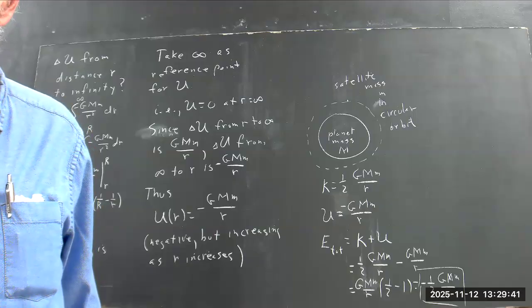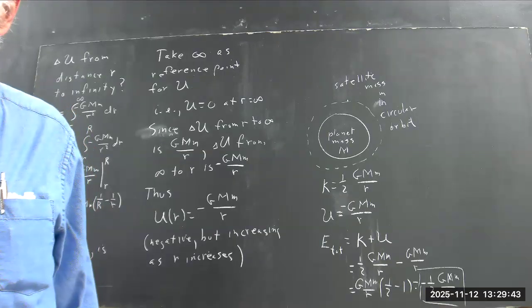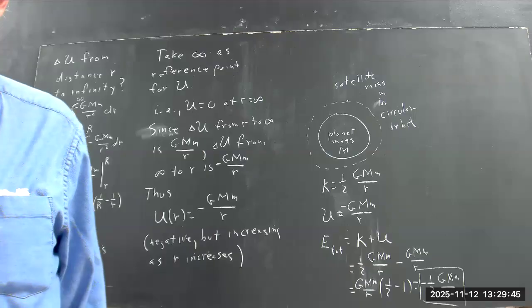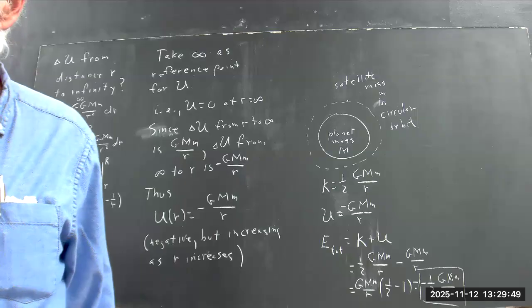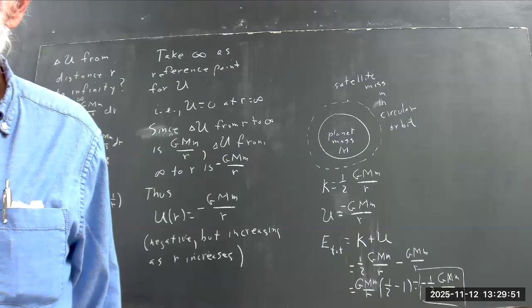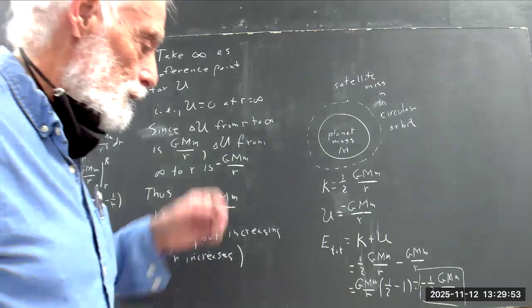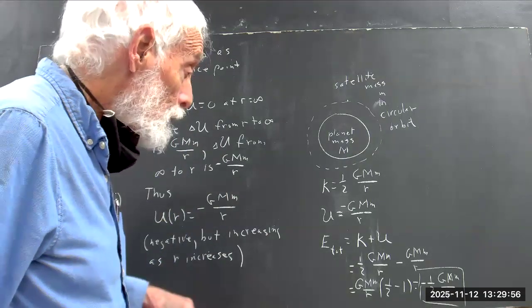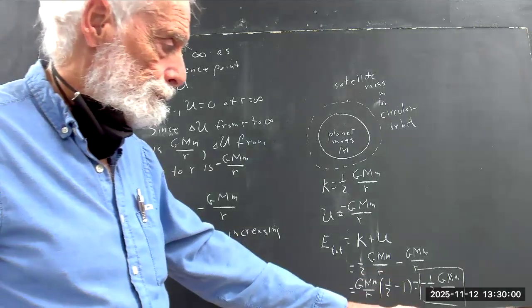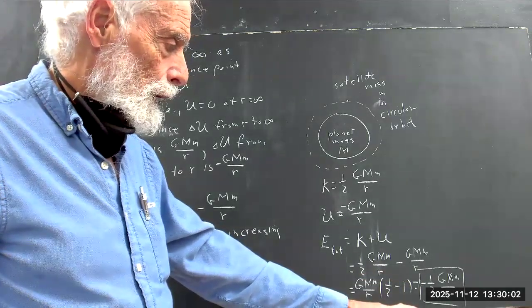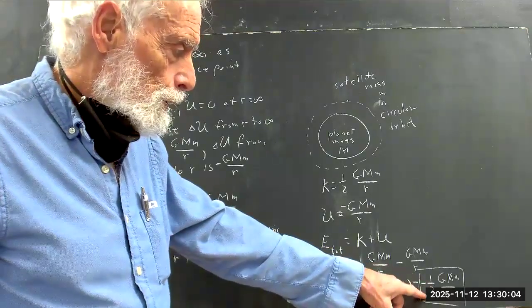Well, that's okay, because you can put your reference point for potential energy out there at infinity, which means just about every energy in the universe is negative. Okay, well, that's an exaggeration, particles and stuff, but the potential energy is negative.